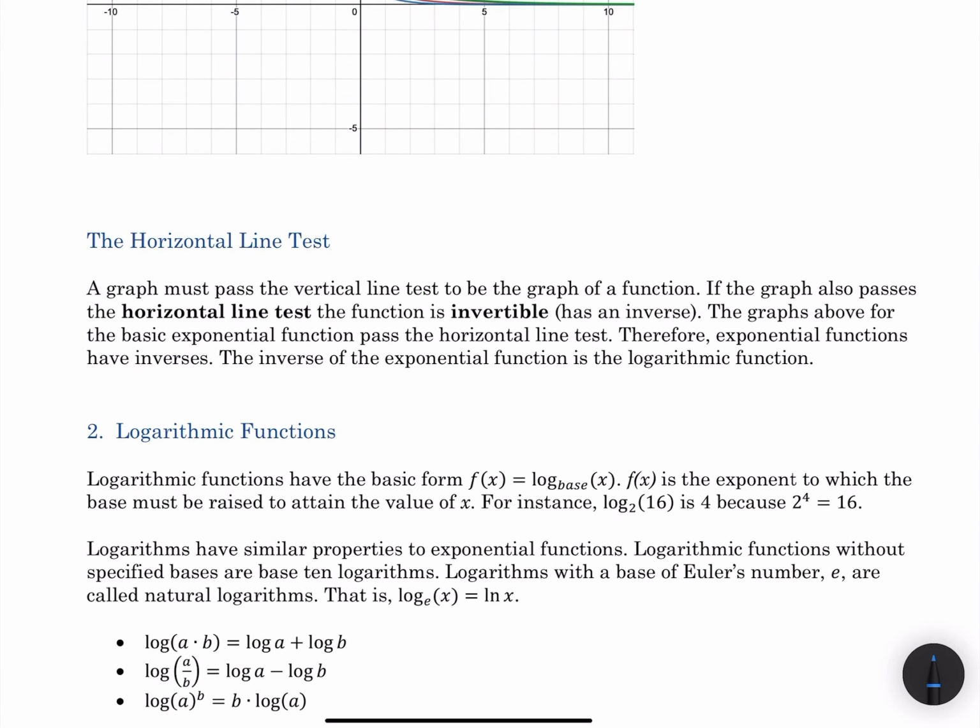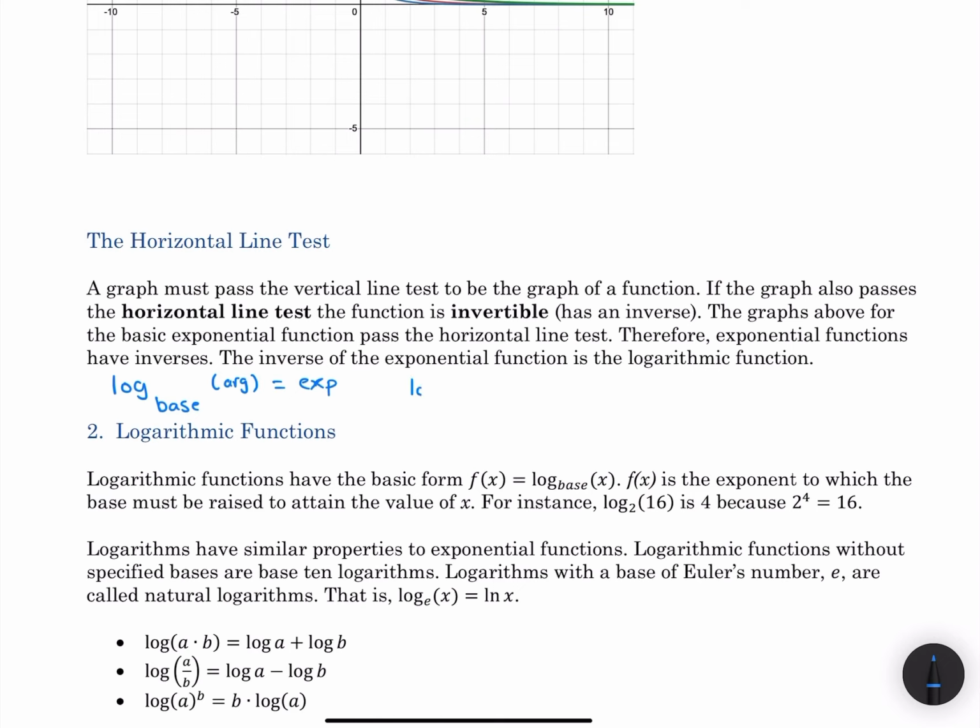The basic form for a logarithm is we have the log, we have a base, and we have what we'll call our argument, and the output is an exponent.